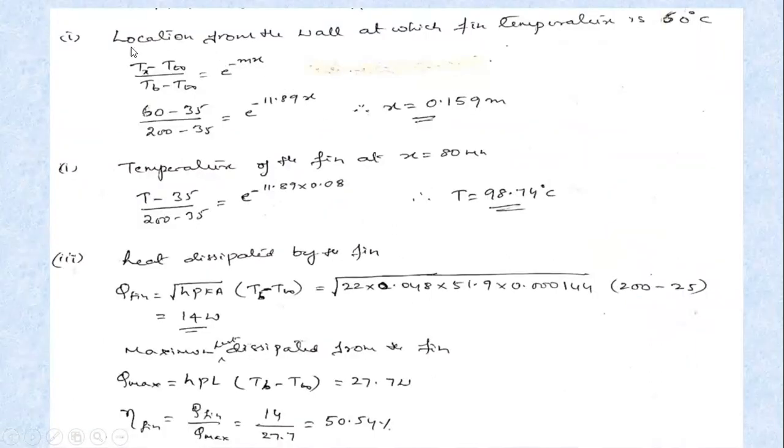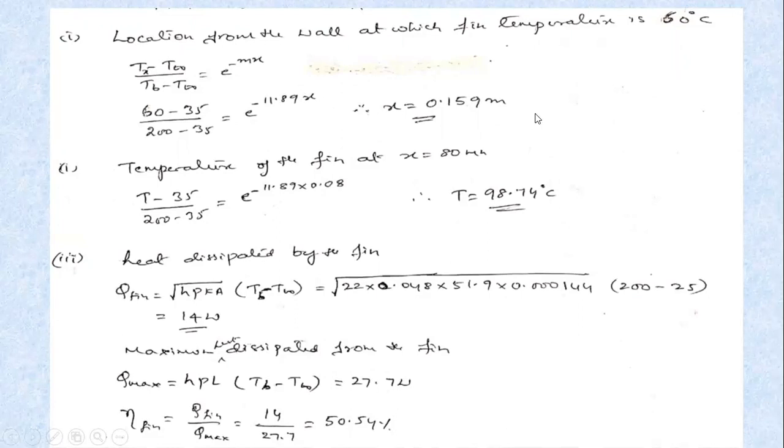Next, in the first case, he has asked for the location from the wall at which the fin temperature is 60 degrees centigrade. Take the expression for an infinitely long fin: (Tx minus T infinity) divided by (Tb minus T infinity) equals e to the power of minus m x. Tx is 60, T infinity is 35, and the base temperature Tb is 200, equal to e to the power of minus m x. x is what we have to find, and m we have already found.